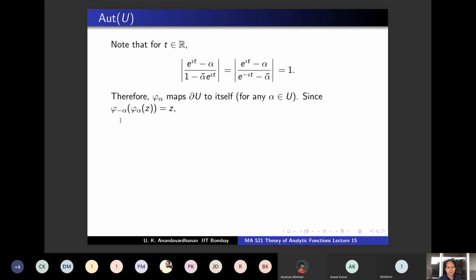From the containment, it follows that it is onto because of this identity.